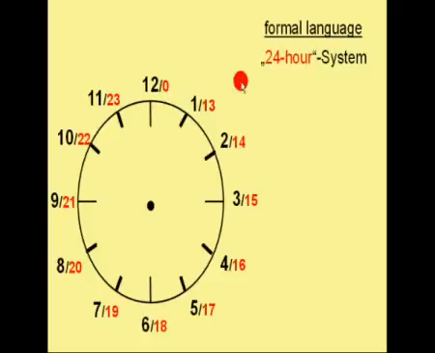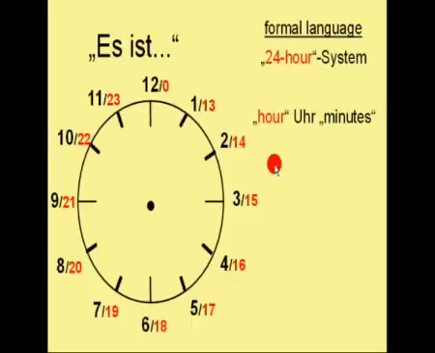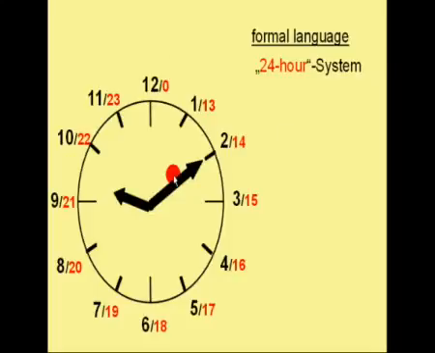So if we want to tell the time in a formal way, we start the sentence with the words Es ist, and then simply mention the hour and the minutes. For instance, what time is it on this clock? Start with Es ist, and when it's in the morning, what would you say?